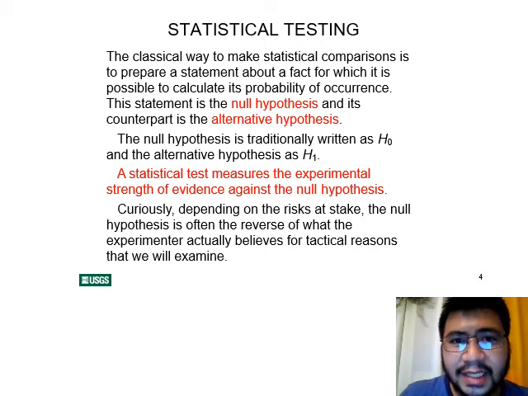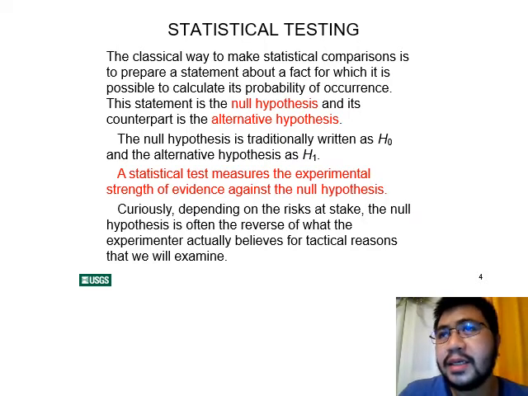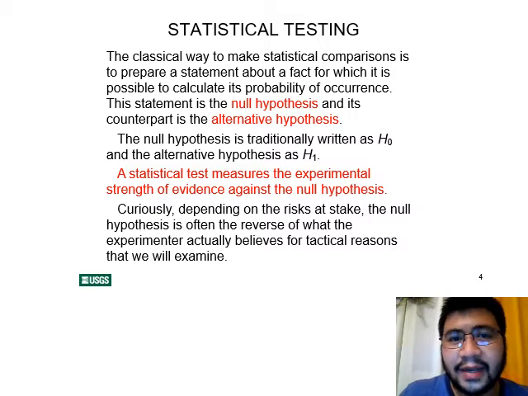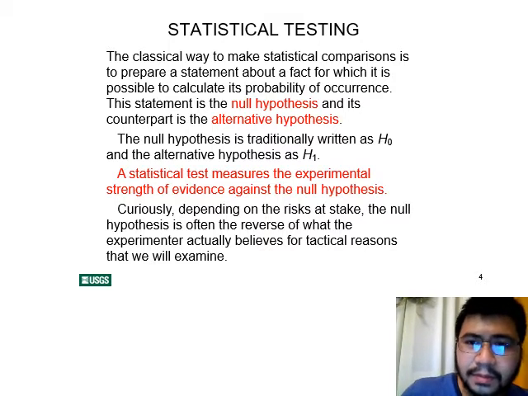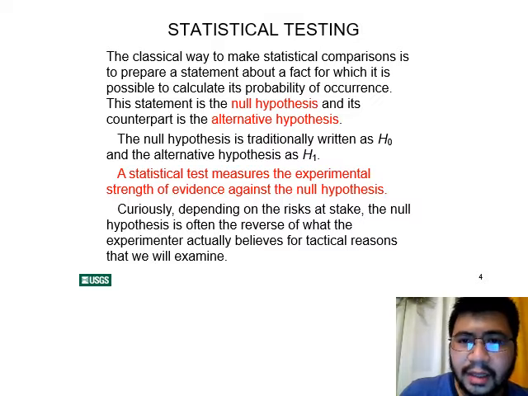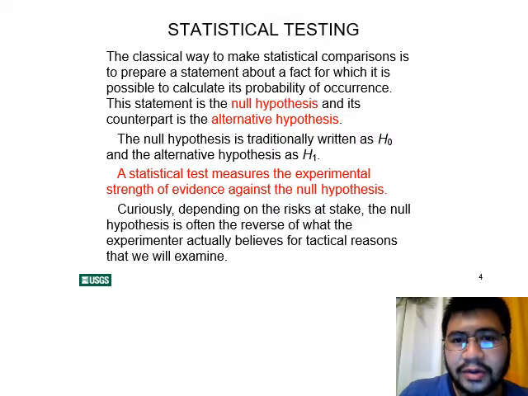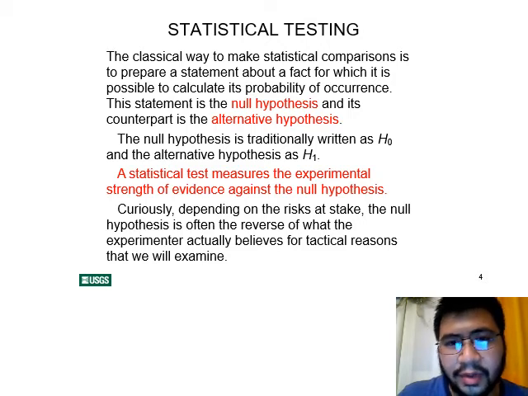Now, basically, statistical testing is about making comparisons on samples and then eventually getting a definitive yes or no answer, okay, depending on the statistical parameters that we get. And this is basically a choice between accepting or rejecting the null hypothesis or the alternative hypothesis.